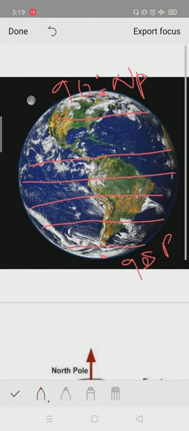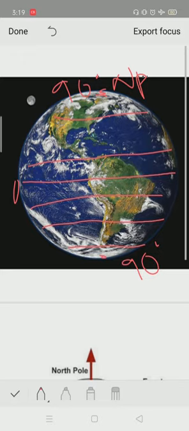90 degree is the maximum latitude we have, okay? 90 degree here is just a point, not a line. यहाँ पे कोई line नहीं होती है, बस एक point होता है 90 degree वाला, ठीक है? So if this is the 0 degree equator, and we move towards the North Pole, we will have a total of 1 to 90 degree. How many lines will we have? Roughly 90 lines.